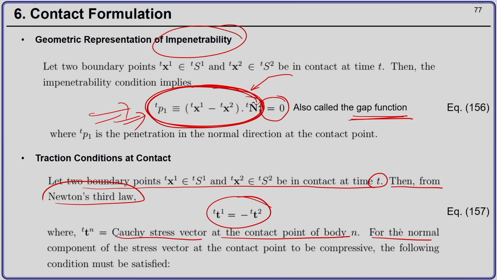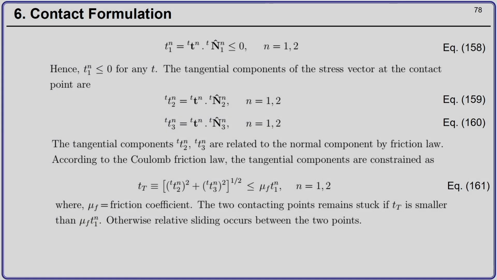So, for the normal component of the stress vector at the contact point to be compressive, the following conditions have to be satisfied. If the contact traction has to be compressive, then the traction vector dotted with the normal vector on body 1, T1n, should be less than or equal to 0, and hence for all time t, if the traction is less than or equal to 0, the two points will remain in contact.